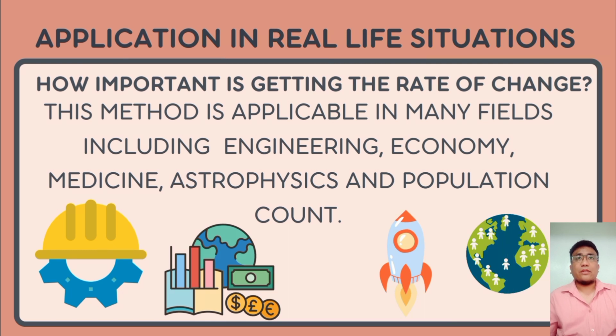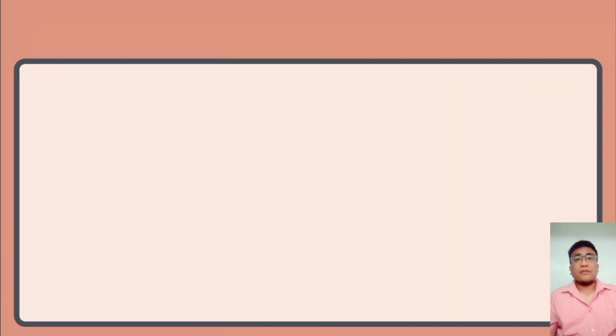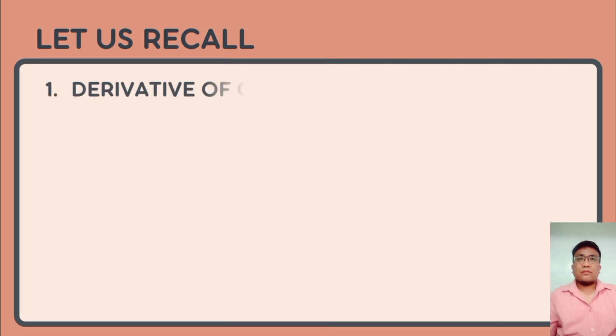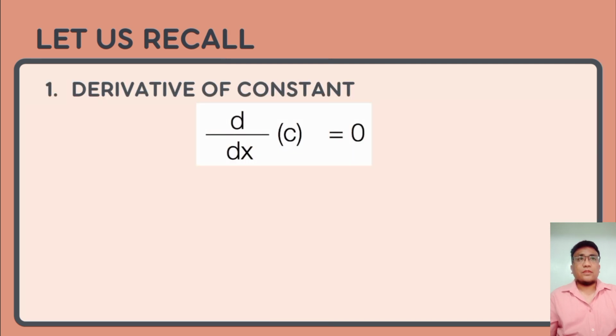So let us recall the derivative of a constant. The derivative of a constant, d over dx of the constant, is always 0. Here are some examples for our refreshment. y is equal to 8. What is the derivative of y is equal to 8?